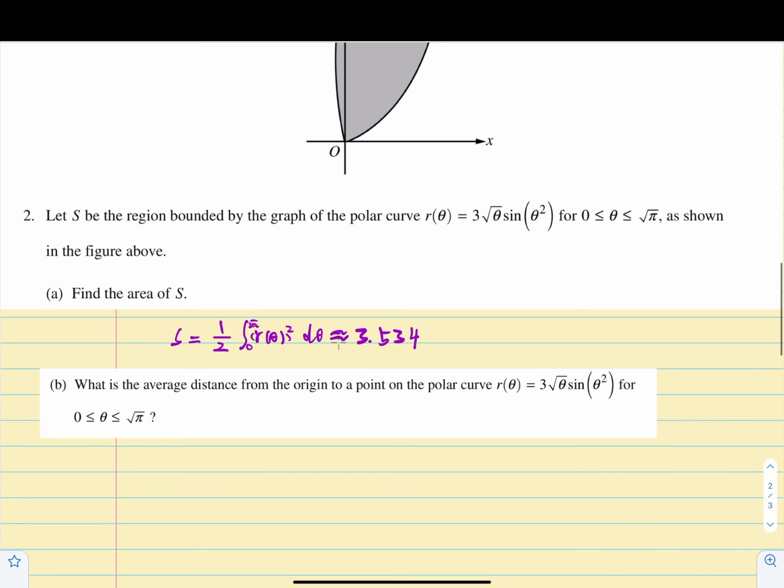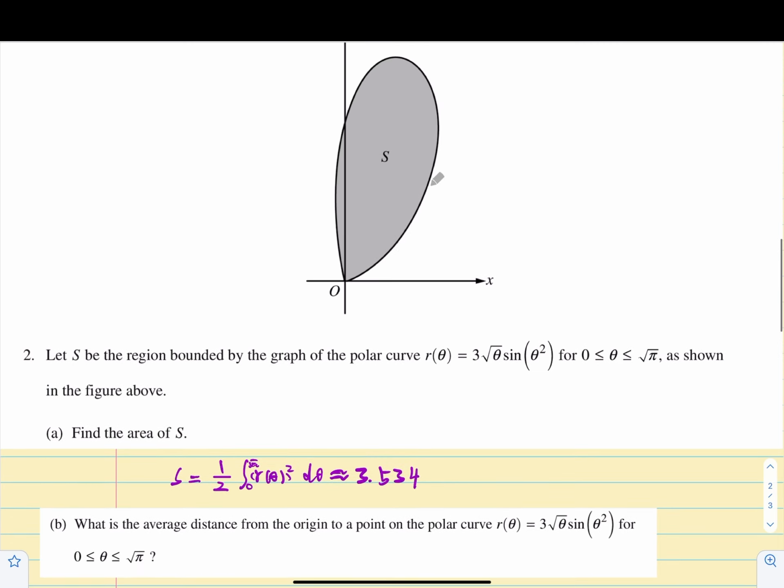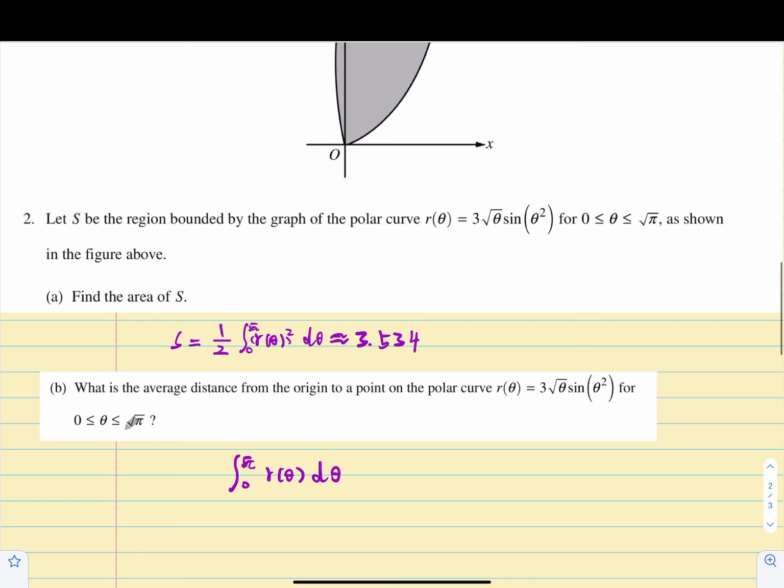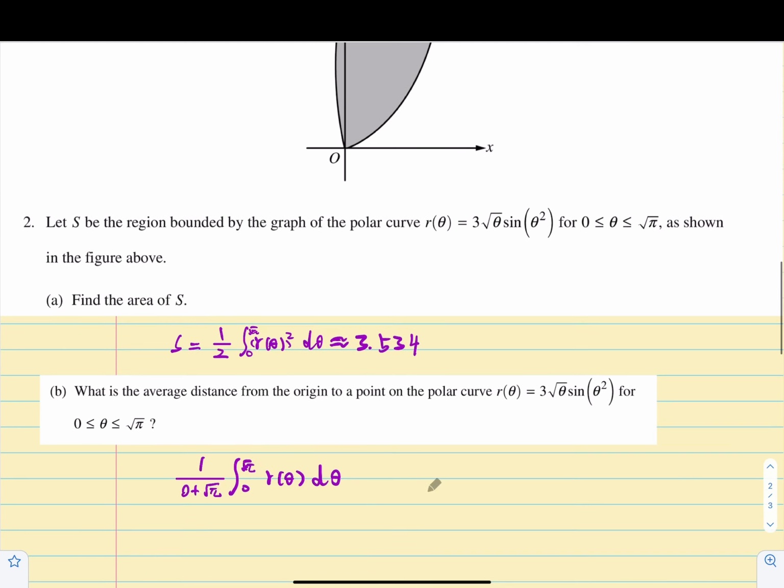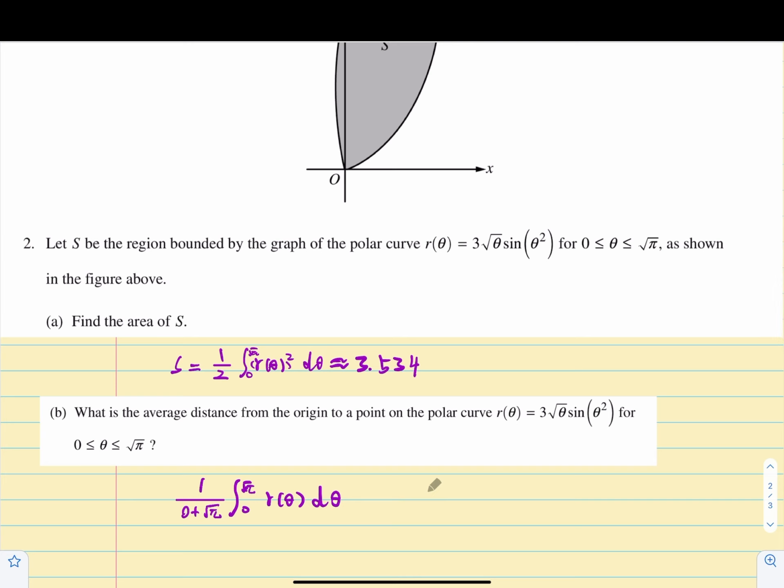The whole length is the integral from 0 to the square root of pi of r(theta) d theta, and we divide it by the curve's range, which means multiplying by 1 over (square root of pi minus 0).